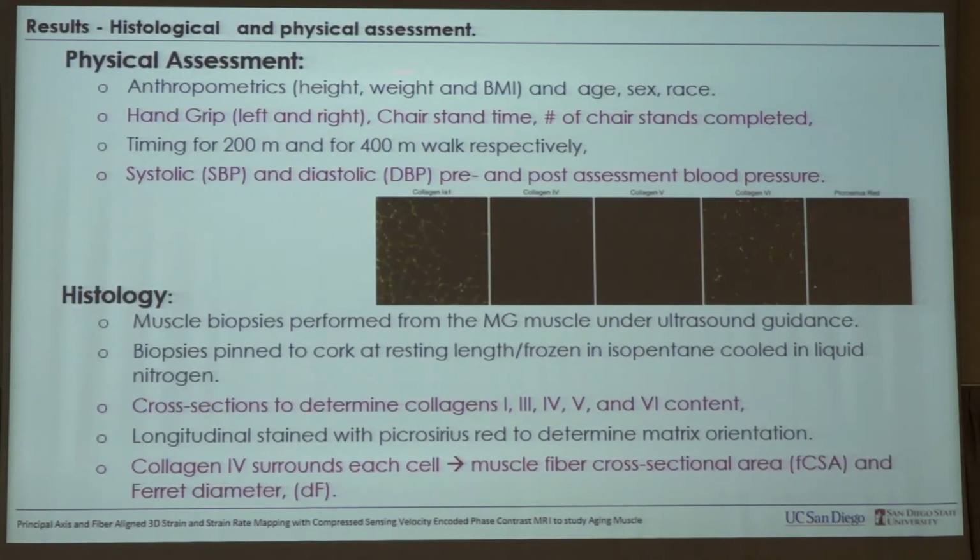We had other assessments, physical, including anthropometrics, height, weight, BMI, age, sex, race, hand grip, that is the force, chair stand time, timing for 200 meters and 400 meters walk. We also took the systolic blood pressure and diastolic blood pressure. Is Dr. Liebenberg out here?